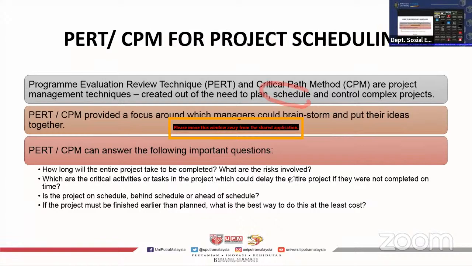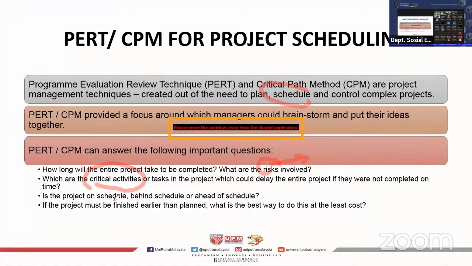Which are the risks involved? What types of risks are involved in the project? We have different types of risks. Which are the critical activities or tasks in the project which could delay the entire project? Meaning to say that if you find the critical path and you delay one day, the whole project completion will be delayed one day.